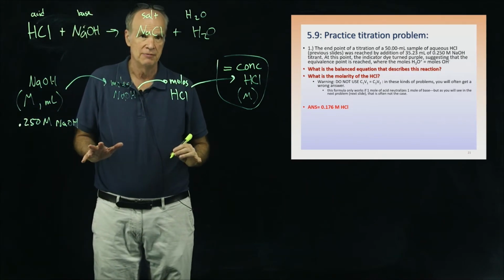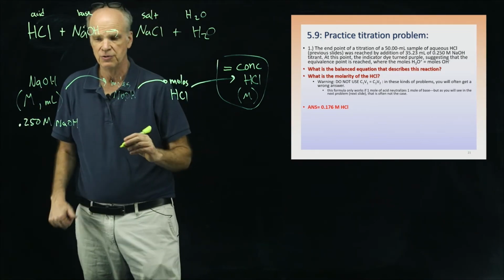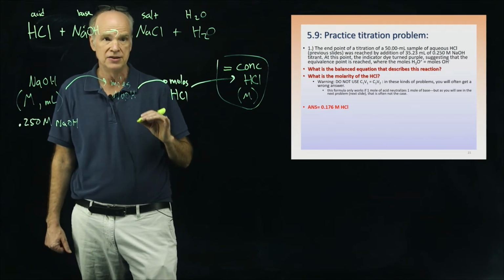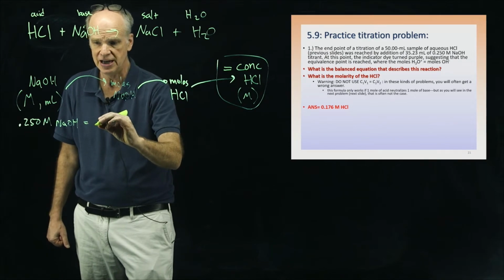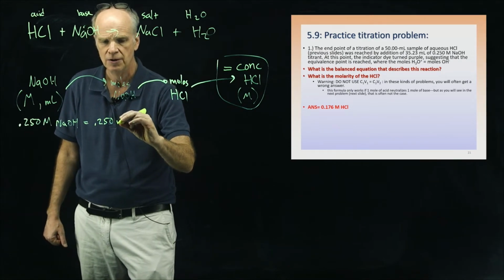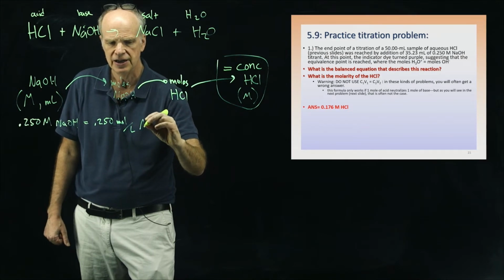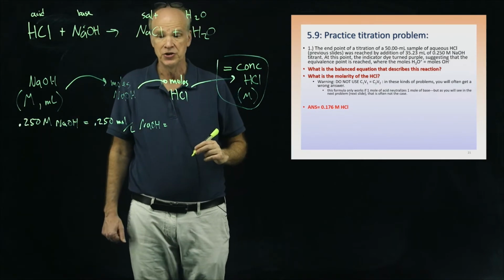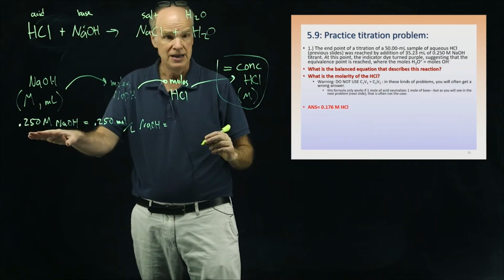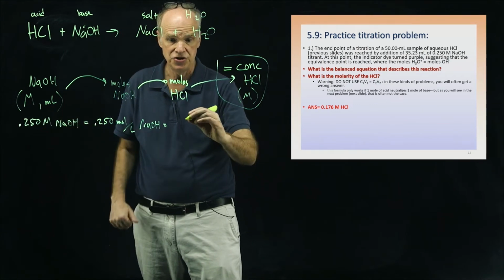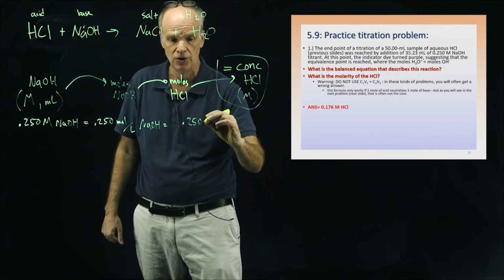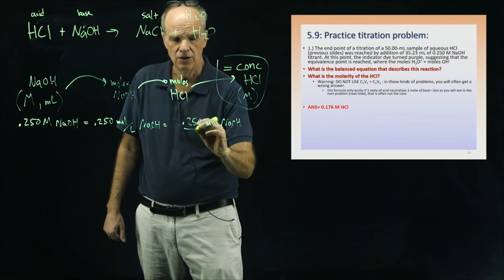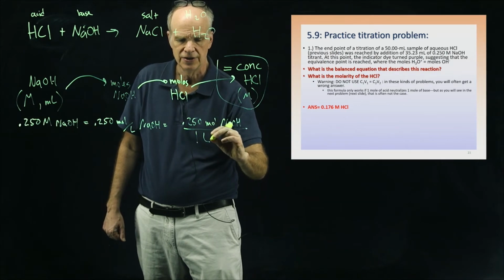Just to make this problem a little bit easier, I'm going to write this in a slightly different way. I think you all know at this point that when you see the word molar, molar means moles per liter. So this is like saying 0.250 mole per liter NaOH. But I'm going to go a little further. I can write this in terms of a fraction. If you're dealing with 0.250 molar NaOH, you can say it's 0.250 mole of NaOH over 1 liter NaOH.